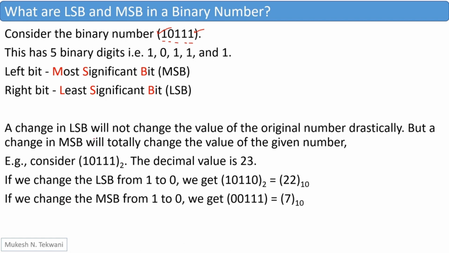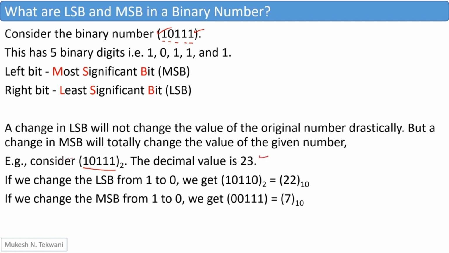A change in the least significant bit will not change the value of the original number drastically. The bit can be either 0 or 1. So let us assume that our original number is 10111. The decimal value of this number is 23.